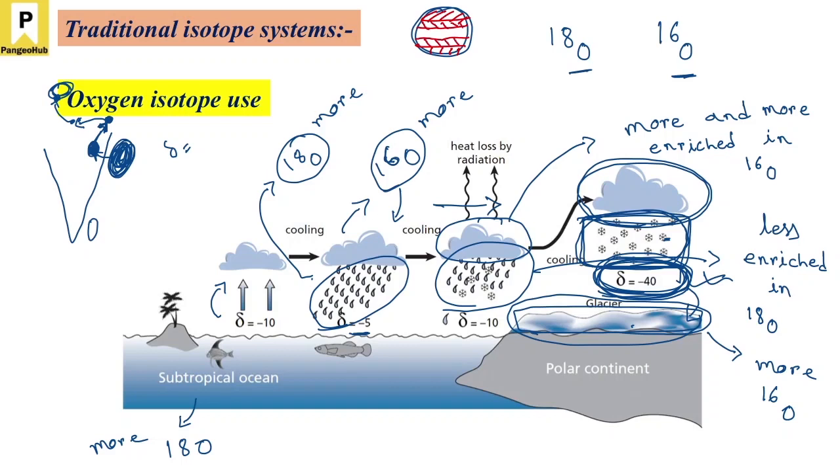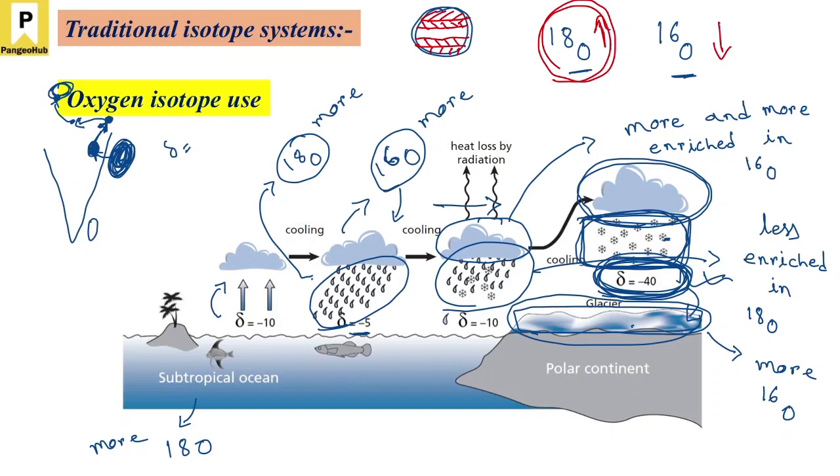So this covering is occurring more and more. That is why the ocean will be enriched in this one and more and more depleted in this one, and the glacial will be just opposite to this, right? So this ocean value will fluctuate in the glacial interglacial cycle.